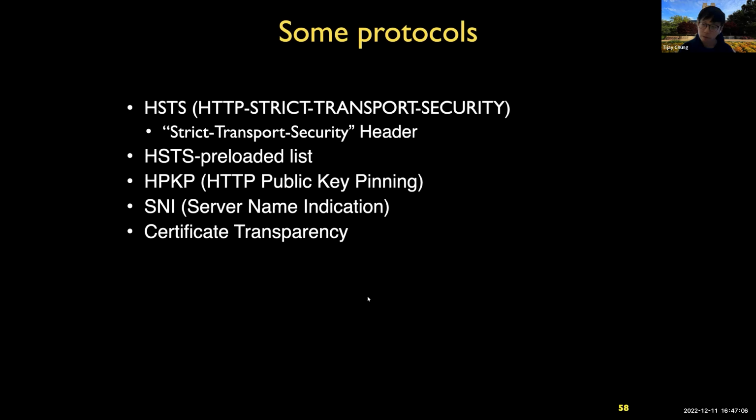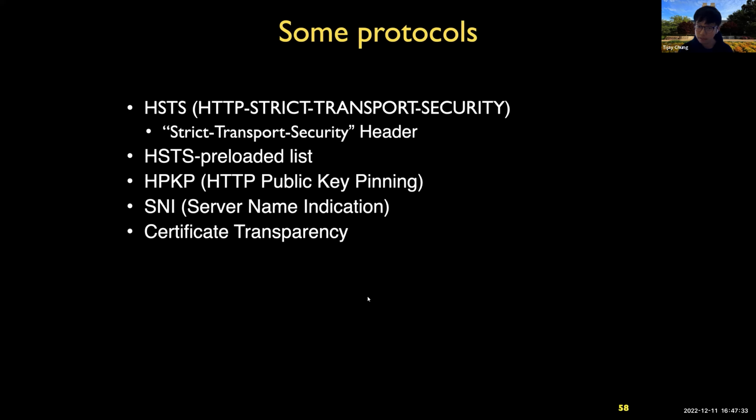Of course, to make this attack happen, the attacker has to make the victim client store their root certificate, their self-signed certificate, in advance, so that the client believes the certificate signed by the attacker is legitimate. Okay, so HPKP was designed to solve this issue.